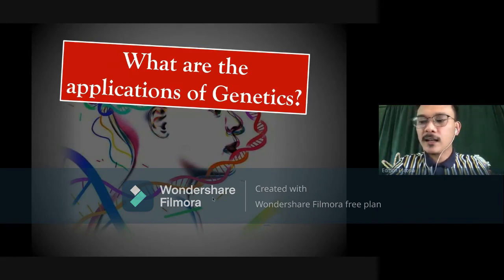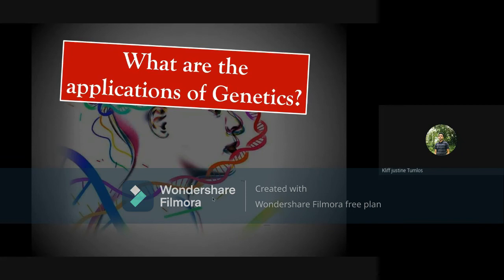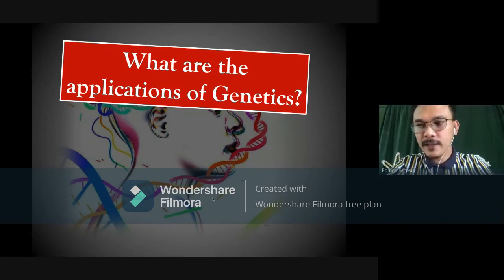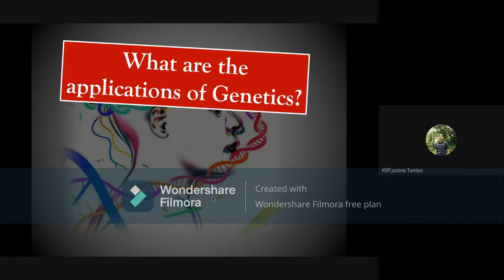What about in agriculture? What do you think is the purpose? Yes, Cliff, how are we going to apply genetics in agriculture? We can apply genetics to agriculture to determine the offspring of plants, sir.